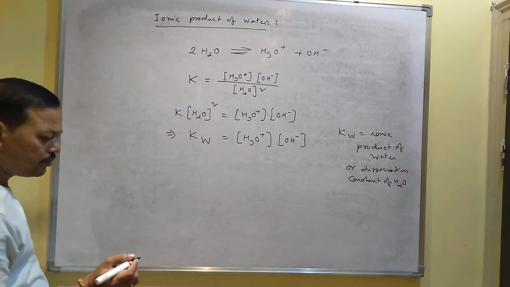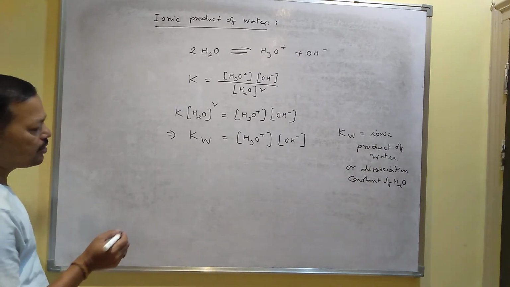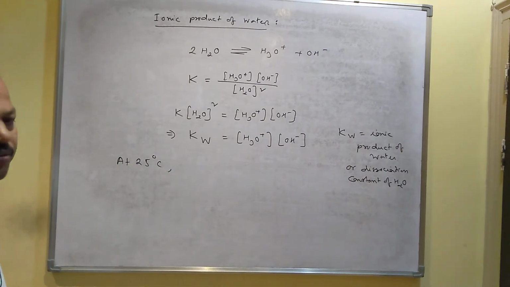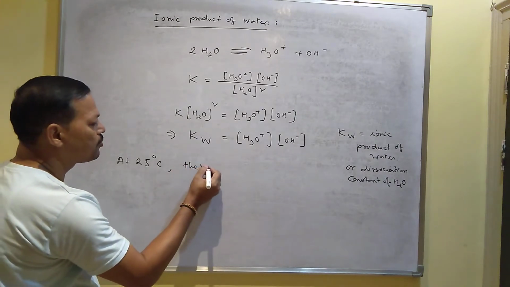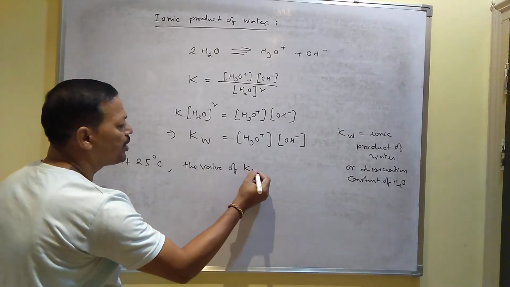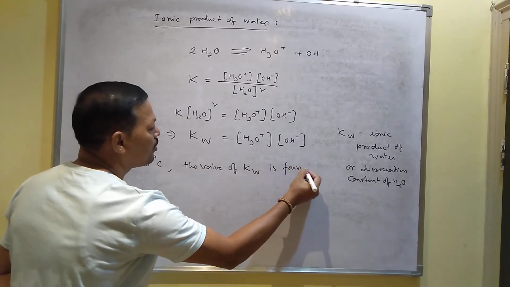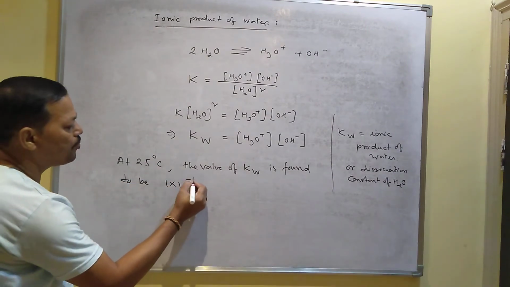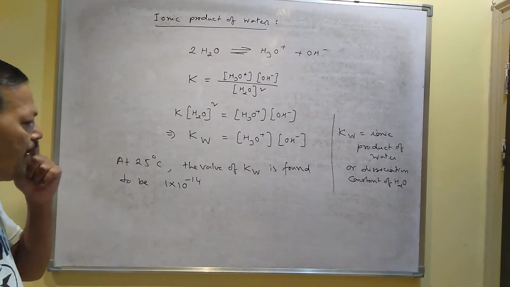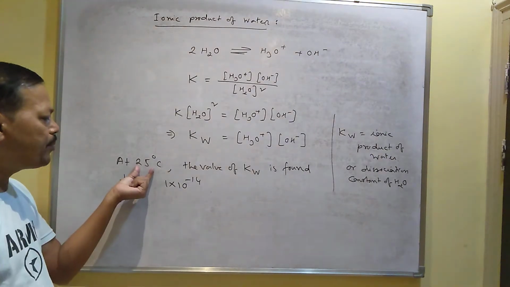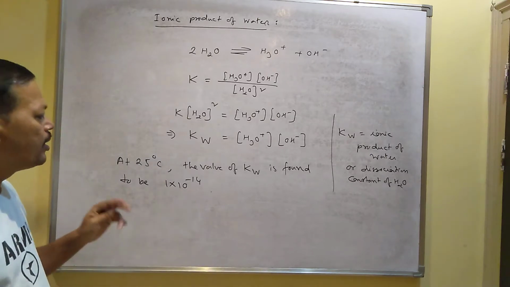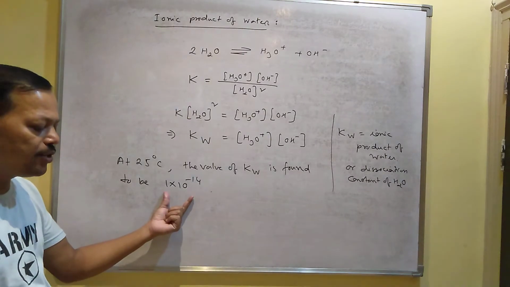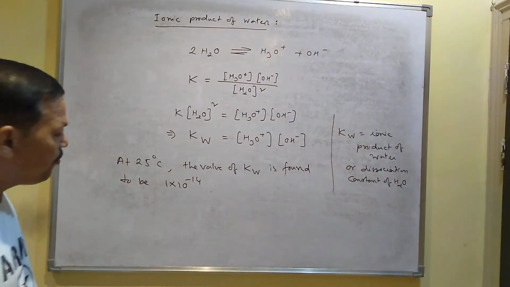Experimentally it is found that at 25 degrees Celsius, the value of Kw is 1 into 10 to the power minus 14. It is measured at 25 degrees Celsius. If the temperature is different, then the value of Kw may change. So at 25 degrees Celsius, the value of Kw is found to be 1 into 10 to the power minus 14.